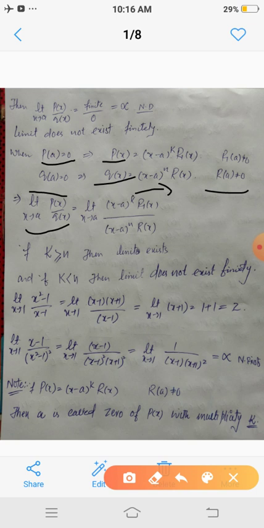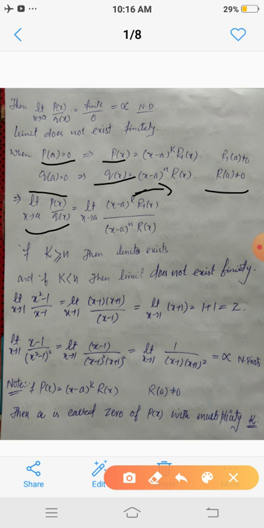Like here if we have x minus a raised to power 5 and in the denominator we have x minus a raised to power 3, then we can cancel x minus a raised to power 3. So when we cancel it, we get x minus a raised to power k minus n into r1 of x upon r of x. So the limit is then found by simply putting x equals a in the given expression, which is simply 0.